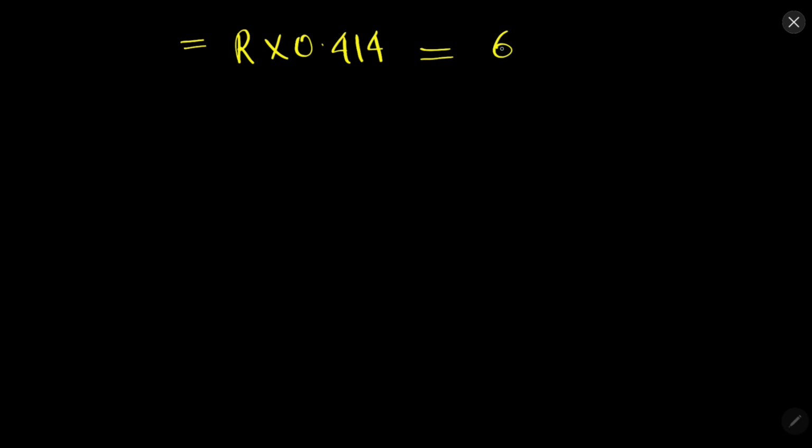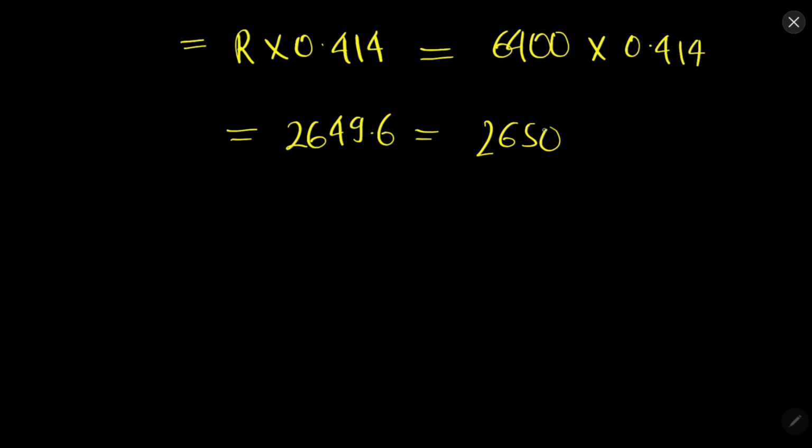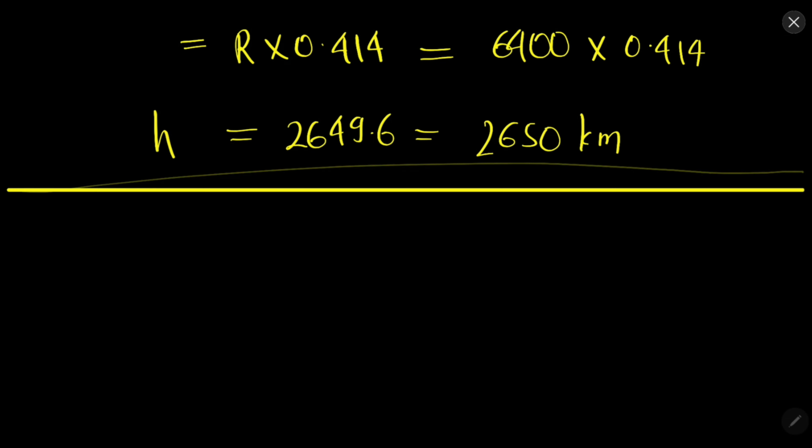So radius of earth is 6400 meters, sorry, 6400 kilometers, so into 0.414, so it will give us 2649.6, approximately 2650 kilometers. So height should be approximately this much.